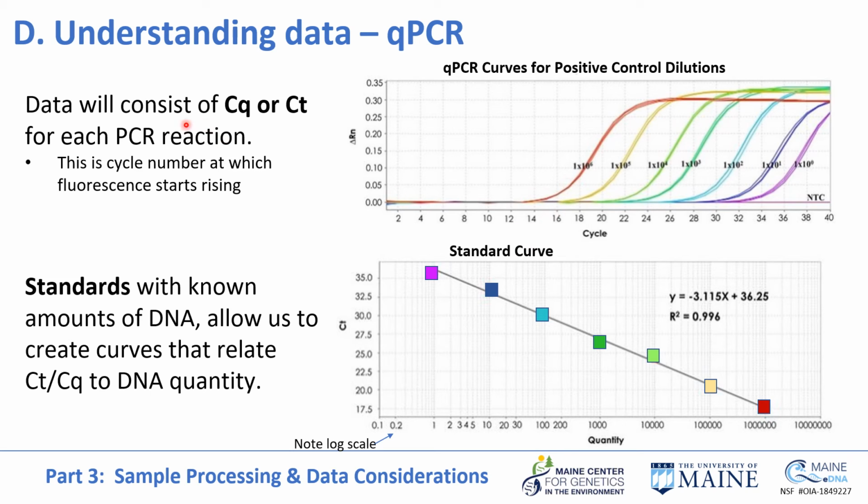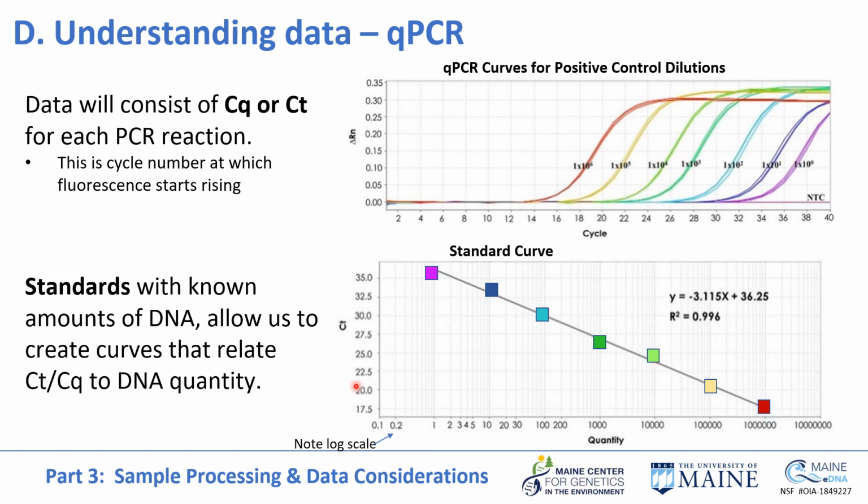And this measure we call the CQ or the CT value. And it's basically just when your glow level passes a certain threshold, what cycle was that? So you can see here in this red curve, it started to pop off around 17, so they marked it as 17.5. And the yellow was more like 20, and the light green, 22.5, and so on and so forth.